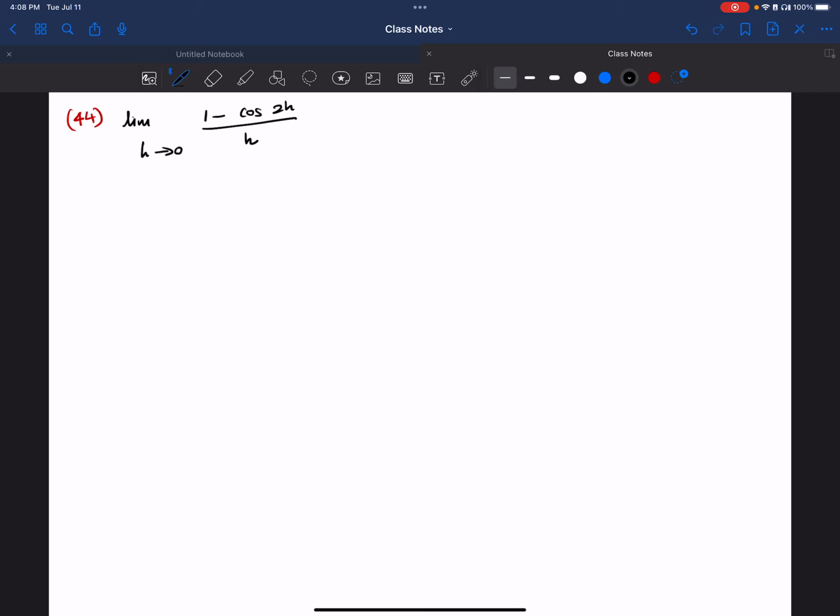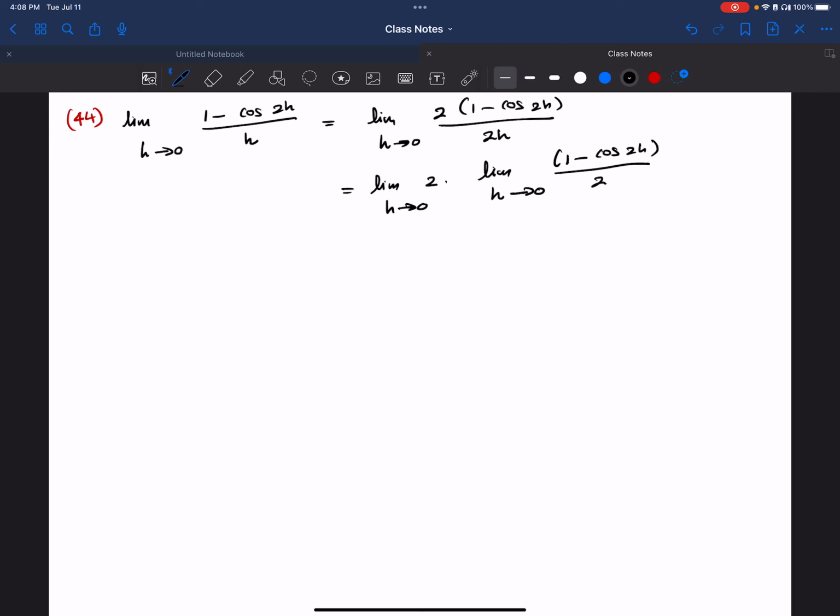In this case, we can multiply this by 2: limit as h goes to 0 of 2 times 1 minus cosine 2h divided by 2h, and I can use the product law: 2 times the limit as h goes to 0 of 1 minus cosine 2h divided by 2h.